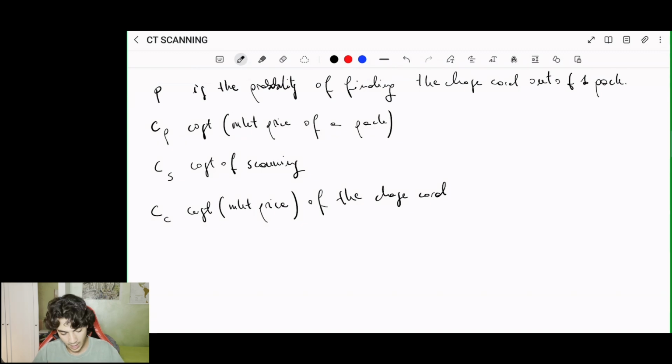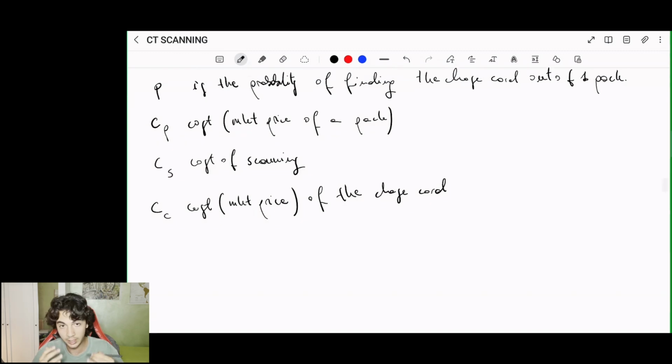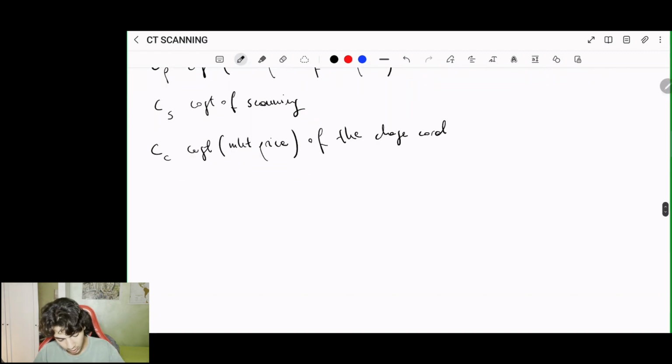Now, the moment you have a pack or a box, whatever, before you scan, we're going to consider the pack, you're basically holding in your hands this quantity right here. You're holding the cost, the market price of the pack. Now, the moment you send it off to scan it, then that's what you're holding, right? The cost of the pack minus the cost of scanning.